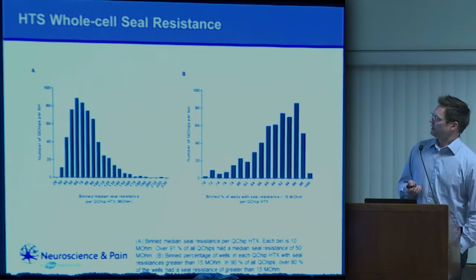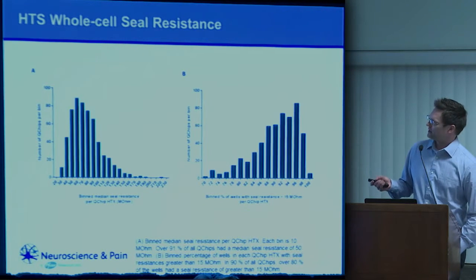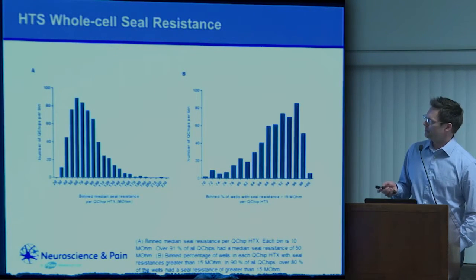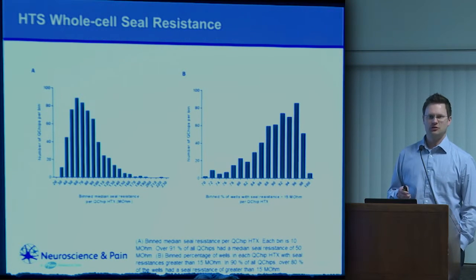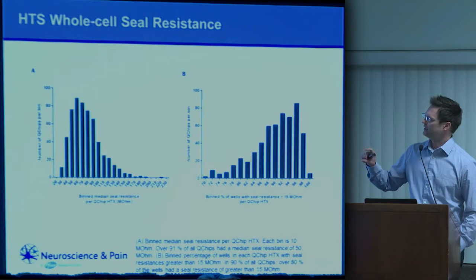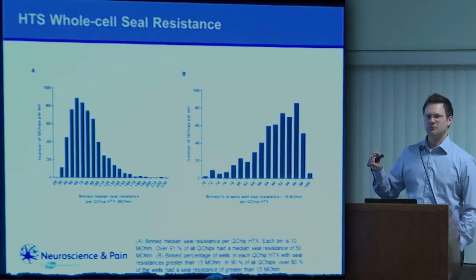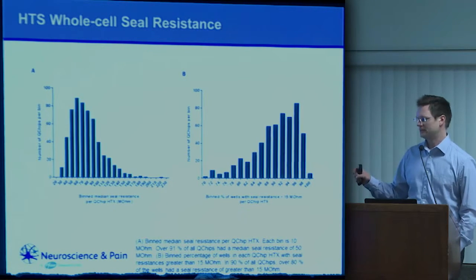convoluted perhaps. On the left-hand side, this is binned median seal resistance per QChip, and then essentially each bar has the number of QChips in that particular bin.